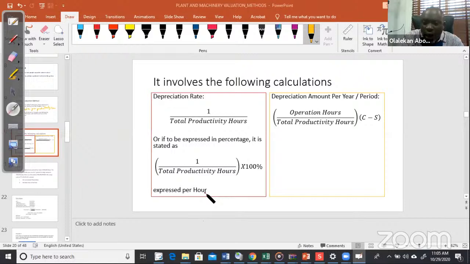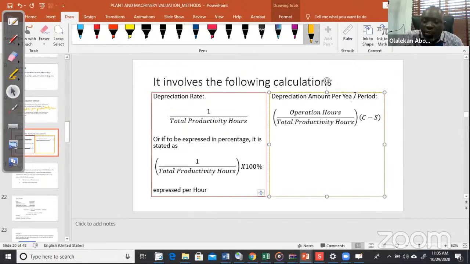Now, if you are to determine the depreciation amount, right? I think there is an error here. Let me just correct this one. Depreciation amount will be per hour, right? But you can equally have it per hour or per period, because if you make it for 1 hour against 1 hour, it will be per hour.